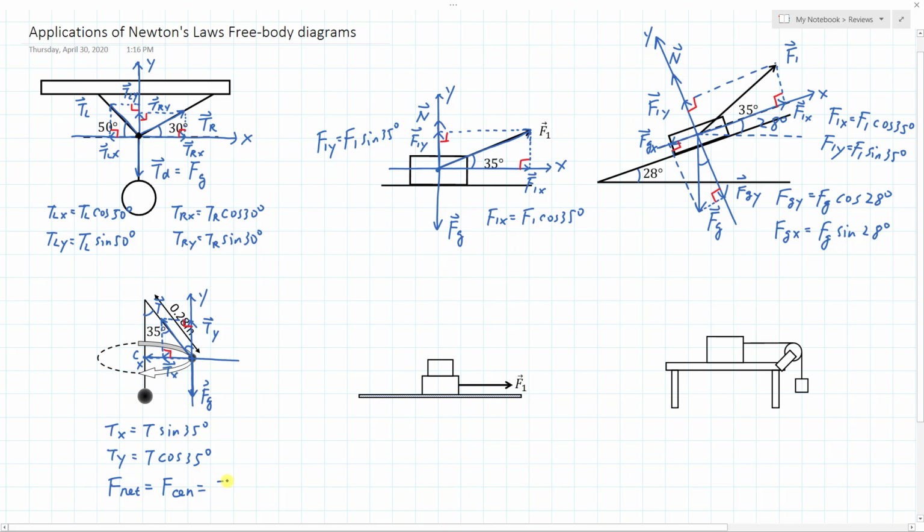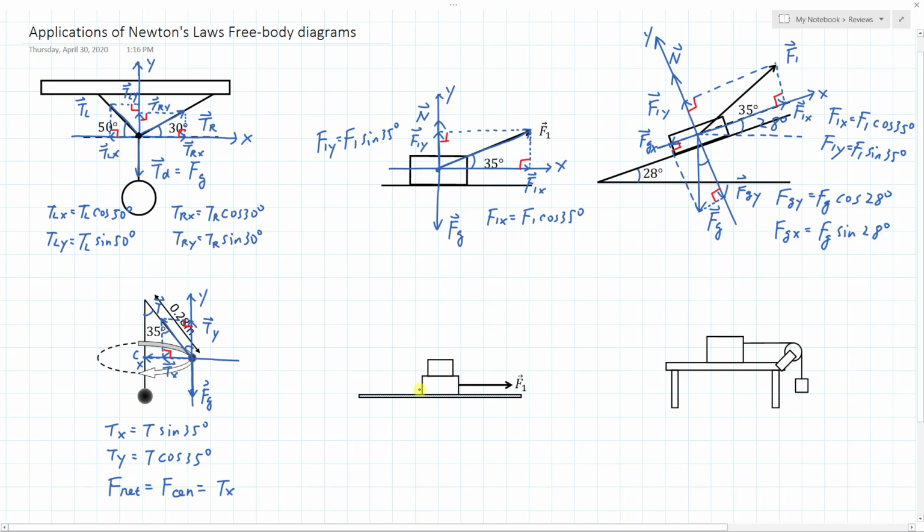So this now is equal to Tx. And if we knew more, we would say that's equal to what magnitude. Centripetal force has a certain given magnitude. So this is how you deal with centripetal or uniform circular motion, by pointing your x-axis toward the center of the rotation.